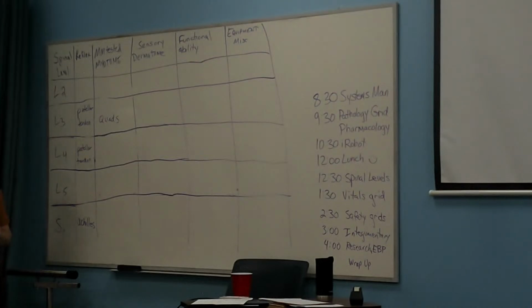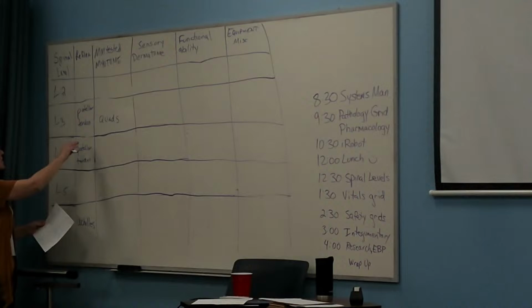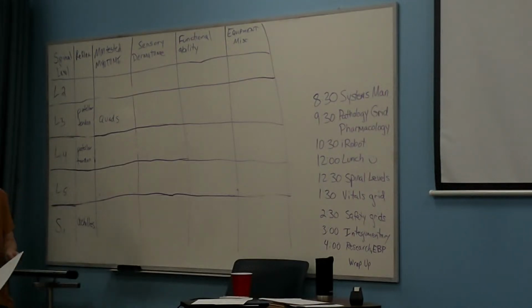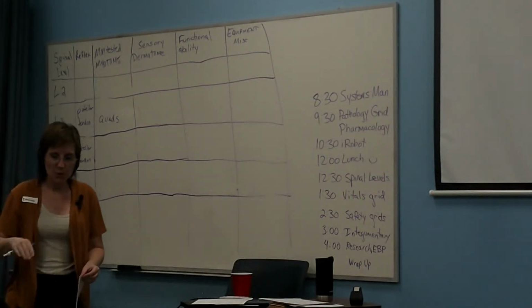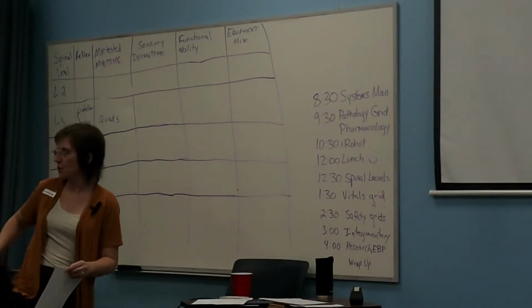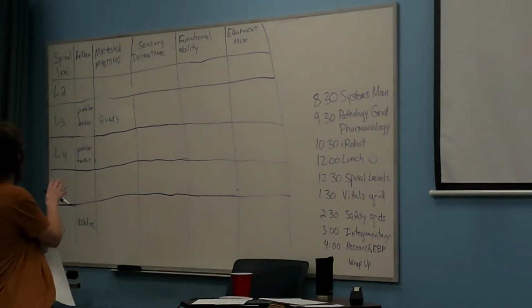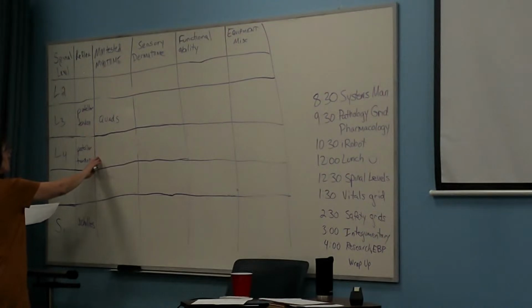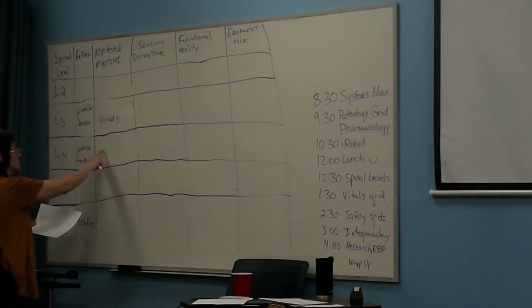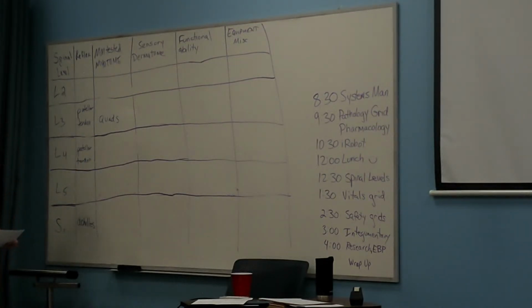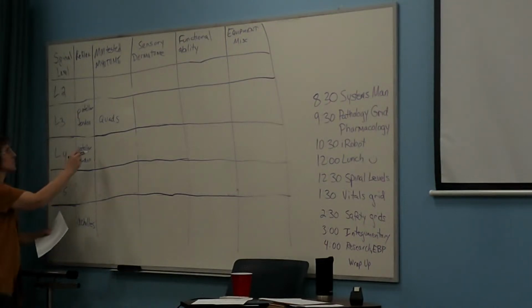Okay, so if you're going to check the integrity of L3 to see how badly somebody's herniated lumbar disc is pinching into L3, you're going to do a quad test. What are you going to test at L4? Yes, the quads still live there, but there's a better test to tease out. The dorsiflexors.